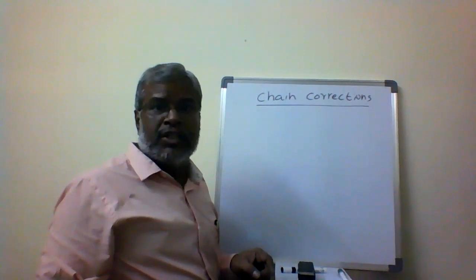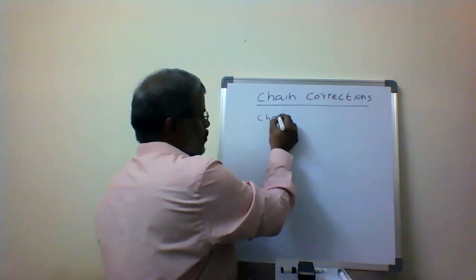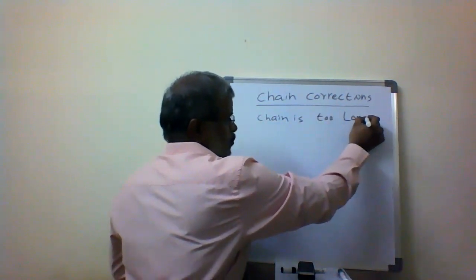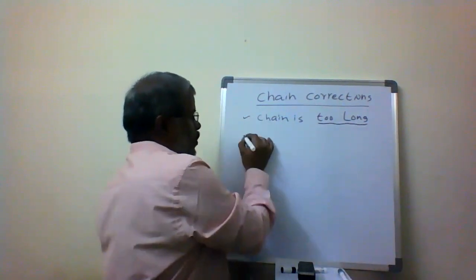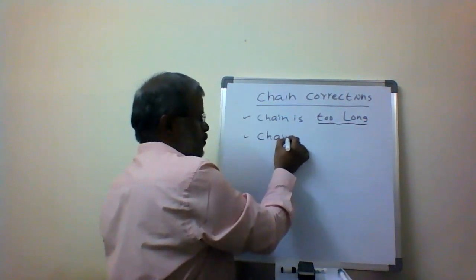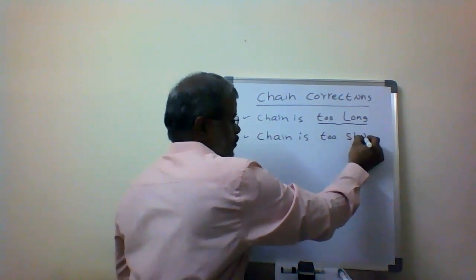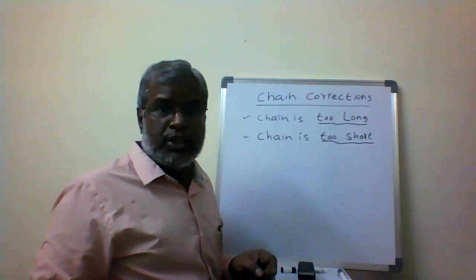Chain corrections are the corrections for the chain: one is chain is too long, another one is chain is too short.